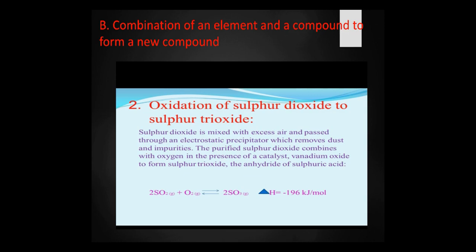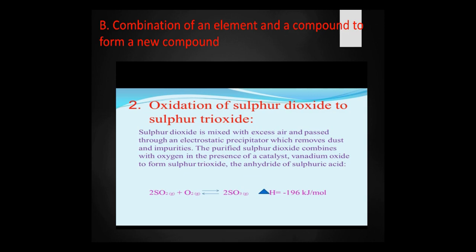Whenever sulfur dioxide is mixed with excess air and passed through an electrostatic precipitator which removes dust and impurities, the purified sulfur dioxide combines with oxygen in the presence of catalyst vanadium oxide to form sulfur trioxide, the anhydride of sulfuric acid. Here sulfur dioxide is a compound and oxygen is an element. So this type of reaction is an example of combination between one element and one compound to form a new compound.